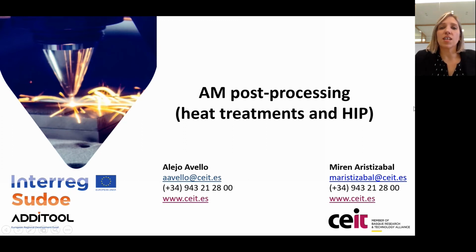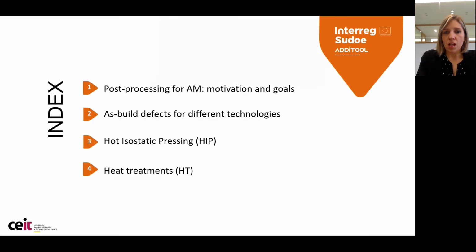This second talk is about the need of post-processing for additive manufacturing. And well, in this case, the post-processing, we are talking about heat and heat treatments. So in this talk, first, what I want to do is to show why we have this need of having post-processing in the AM manufacturing chain.